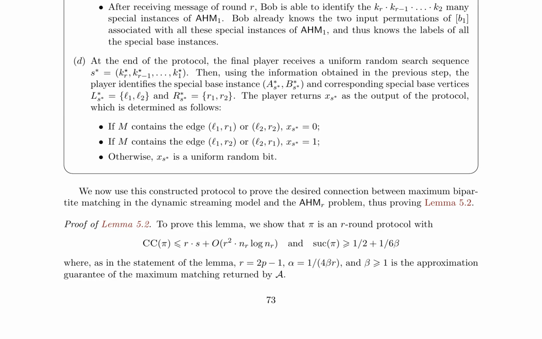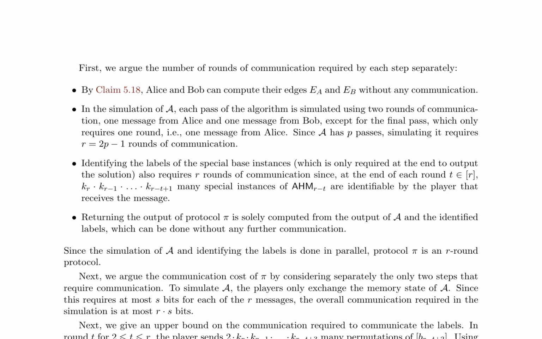The protocol requires R rounds of communication, where R equals 2p-1. The communication cost of the protocol is analyzed, and it is shown that CC(pi) is less than or equal to R·s plus O(R² n_r log n_r), where s is the space complexity of the algorithm A. The probability of success of the protocol is also analyzed, and it is shown that suc(pi) is greater than or equal to 1/2 plus 1/(6 beta), where beta is the approximation guarantee of the maximum matching returned by A. The protocol is used to prove the connection between maximum bipartite matching in the dynamic streaming model and the AHM_r problem.